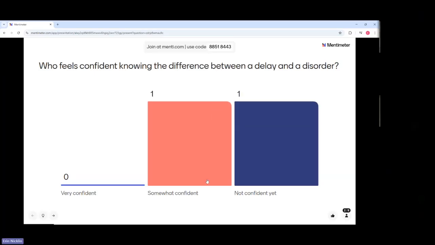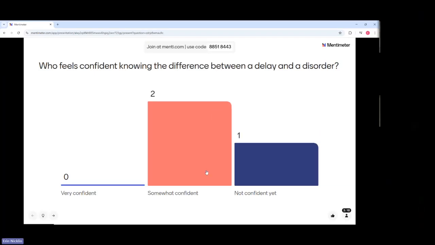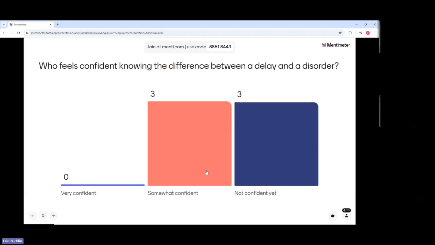Oh, it's working. I shouldn't be so shocked that it's working. Okay, somewhat confident, not confident yet. Great. Okay, so we're feeling not confident yet pretty well. So, oh, 50-50, okay. Cool, so we've got some sort of idea, which is great. Excellent. That's really good to see.